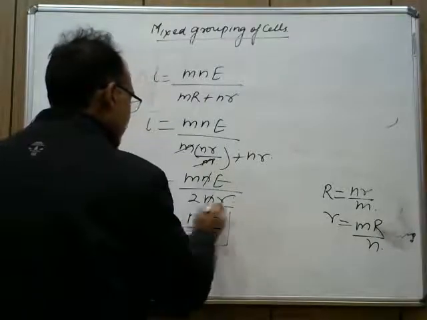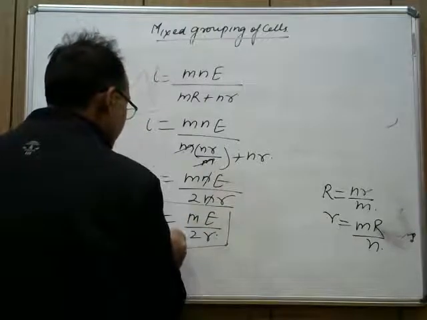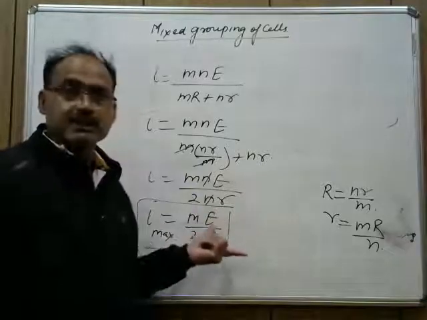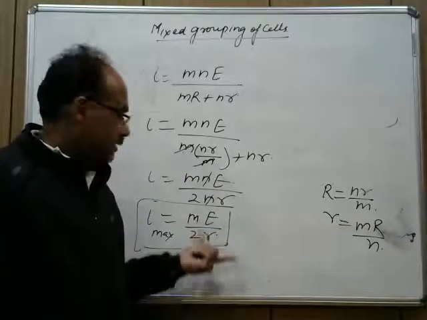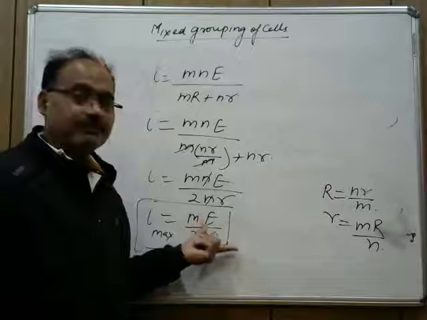और ये एक्सप्रेशन ऑफ मैक्सिमम करंट I max आया, इन टर्म्स ऑफ इंटरनल रेजिस्टेंस. इंटरनल रेजिस्टेंस के टर्म में ये एक्सप्रेशन मैक्सिमम है.